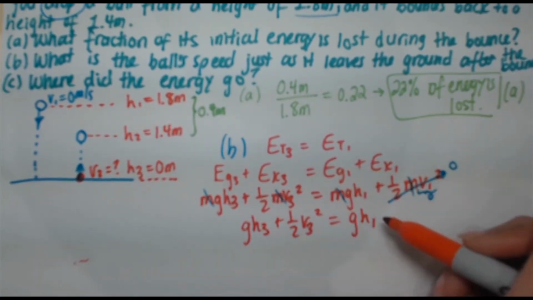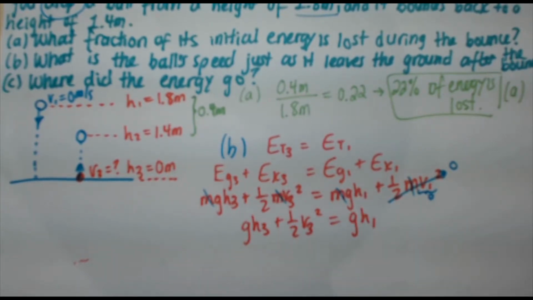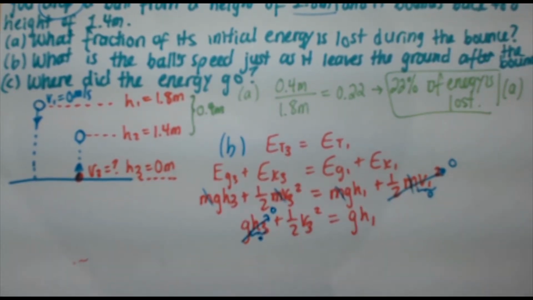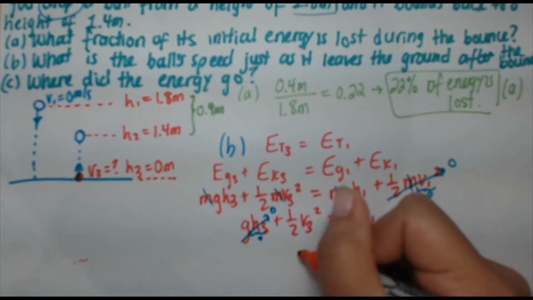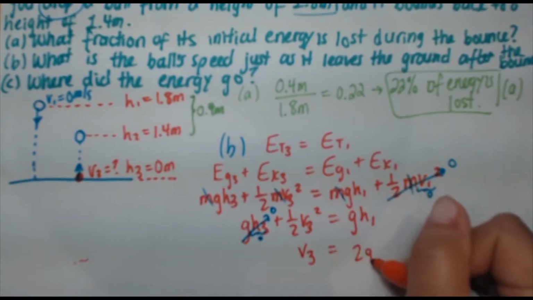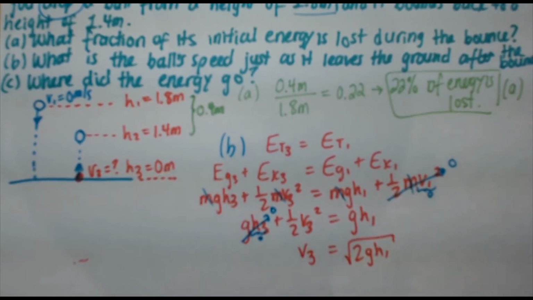Go ahead and bring the gh3 to the right. Well, you know what? We can actually cancel something else out, can't we? The H3 is 0. So why don't we cancel that out as well? That just made things even easier. Now to isolate for V3, we simply multiply both sides by 2 and take the square root of the entire expression. So V3 is root 2gh1.